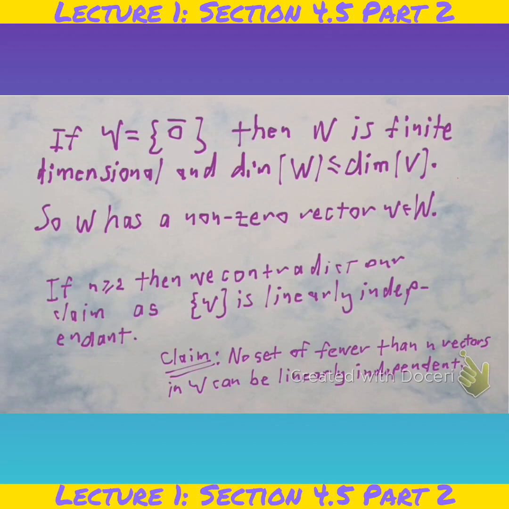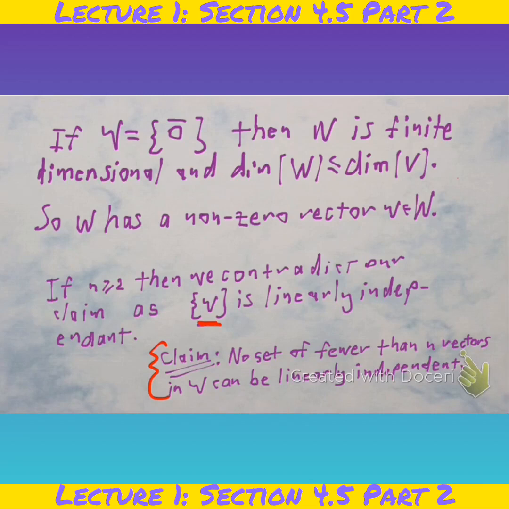Alright, remember this claim here. We said that no set of fewer than n vectors in W can be linearly independent. Okay? Now, if we take the non-zero vector w and make that our set in W, a set that contains one non-zero vector is obviously linearly independent, and therefore we contradict our claim by just taking our set as this w, because that's a linearly independent set that's got fewer than n vectors.